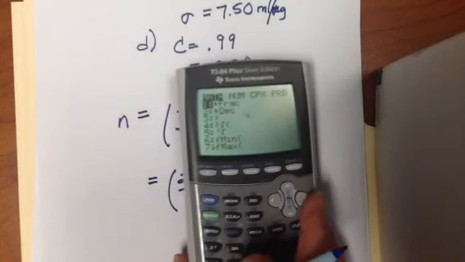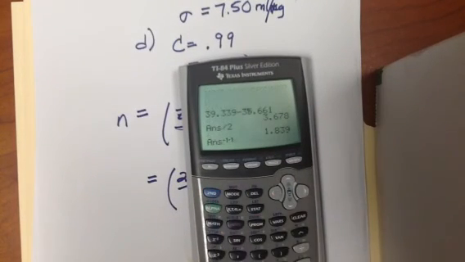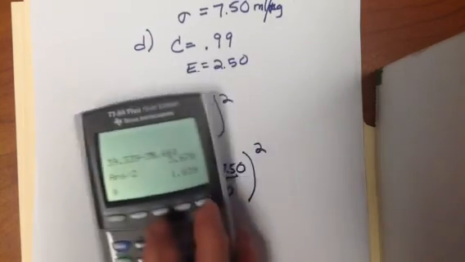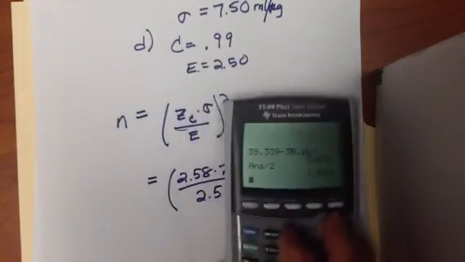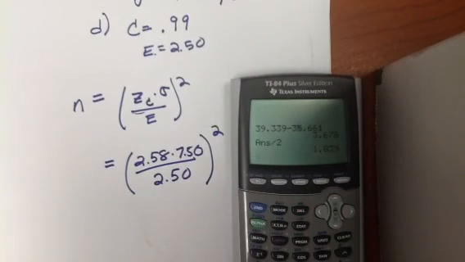So I put this into my calculator. If you want to go ahead and do that. We have 2.58 times 7.50 divided by 2.50, all squared.